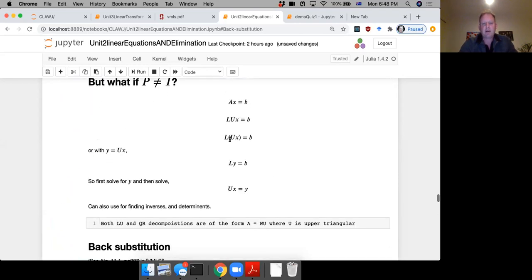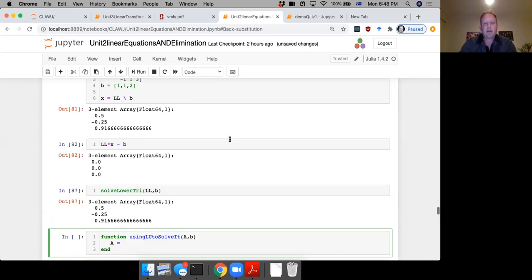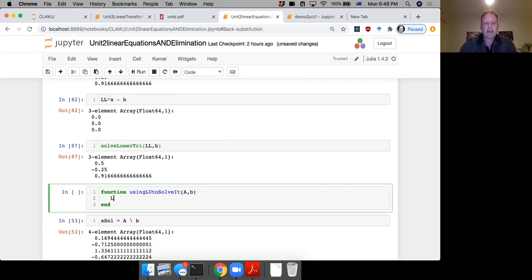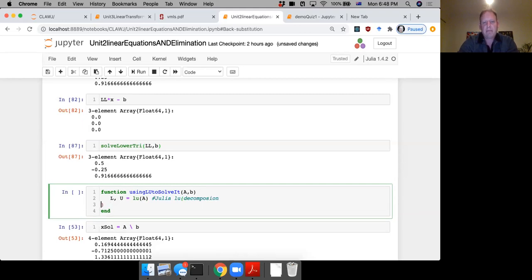What we're going to do is L comma U equals LU of A. We're not implementing the LU decomposition of A, that we did manually, but we're using the Julia LU decomposition. We are implementing the back substitution.